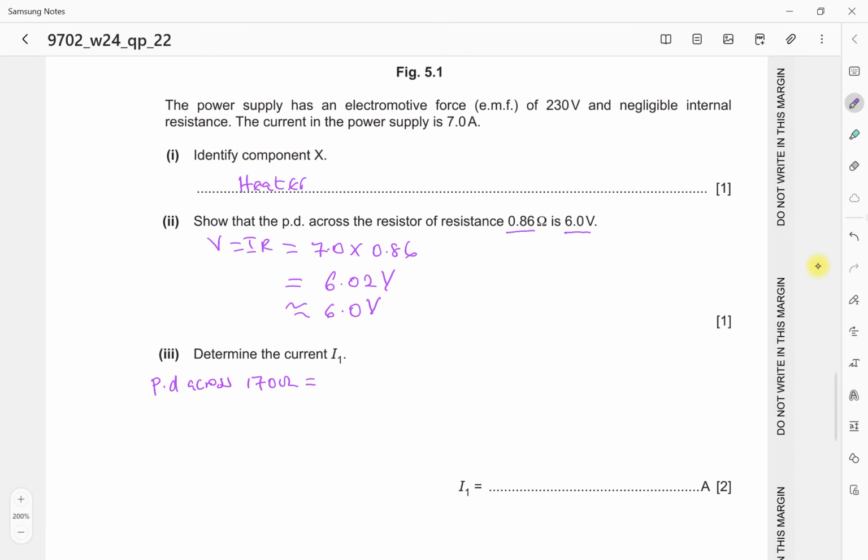The EMF was 230 minus the PD across the resistor in series with the power supply, which was 6 volts. So that is 224 volts.